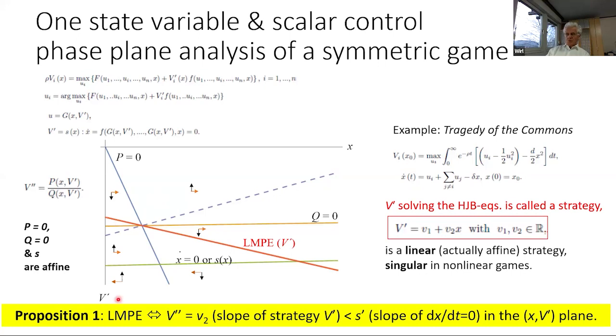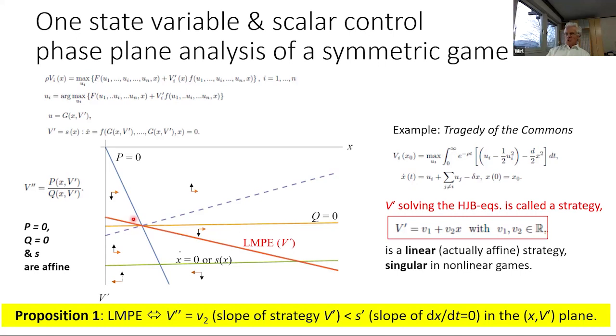And the important proposition, which holds in all these games, is that in a linear Markov perfect equilibrium, V double prime, which is the coefficient of the value function V, must be less than the slope of the steady state line. Okay? So this is an important proposition in this case.